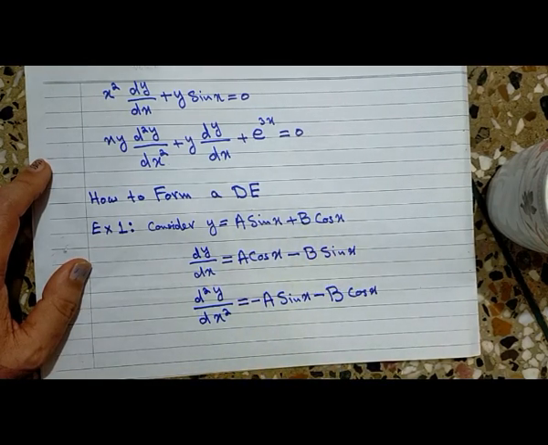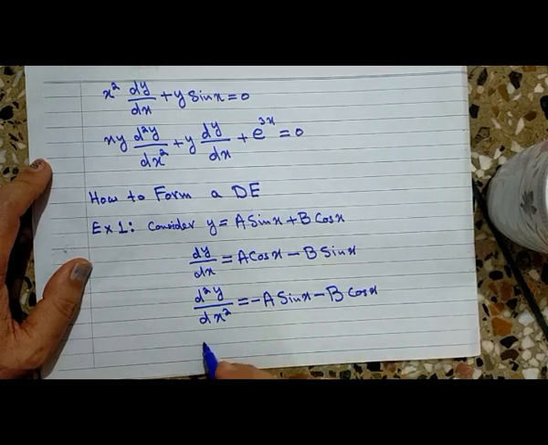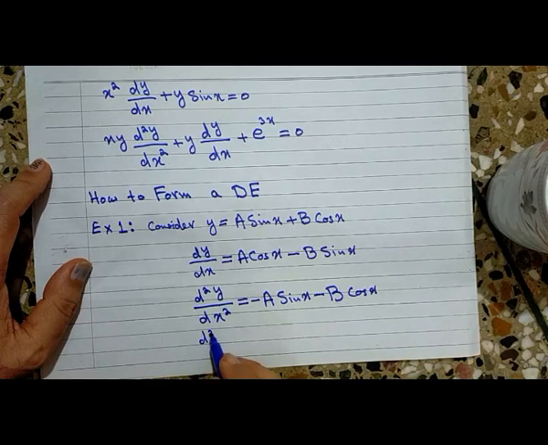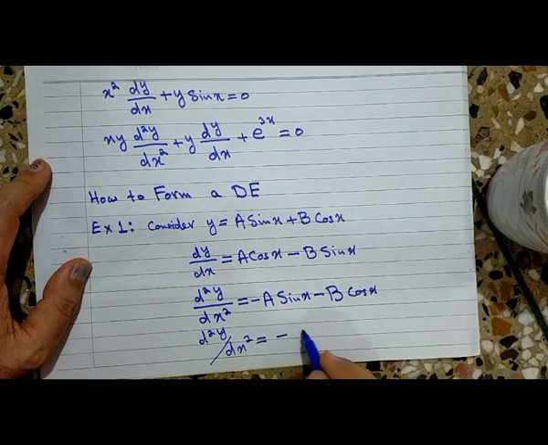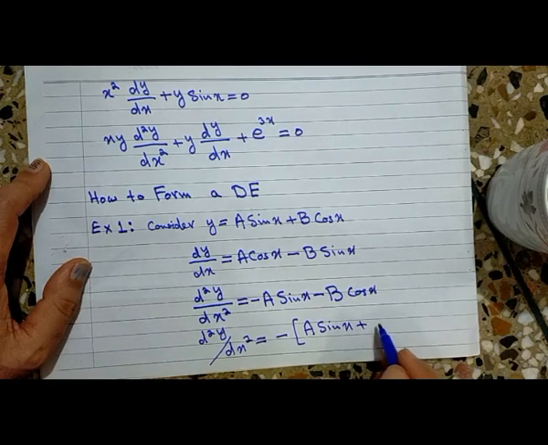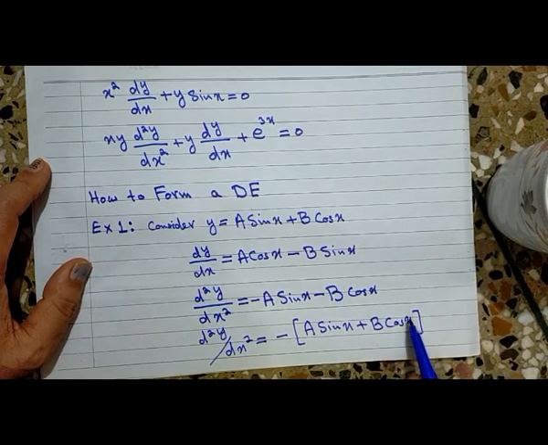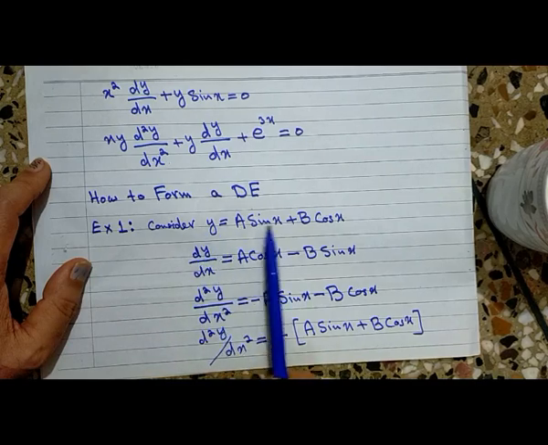It means that we can write this one like this: d2y over dx2 equals minus a sine x plus b cos x. And what is this? Isn't it the original function?